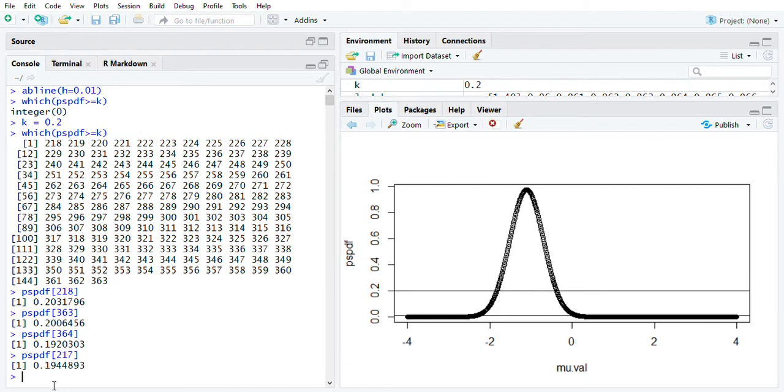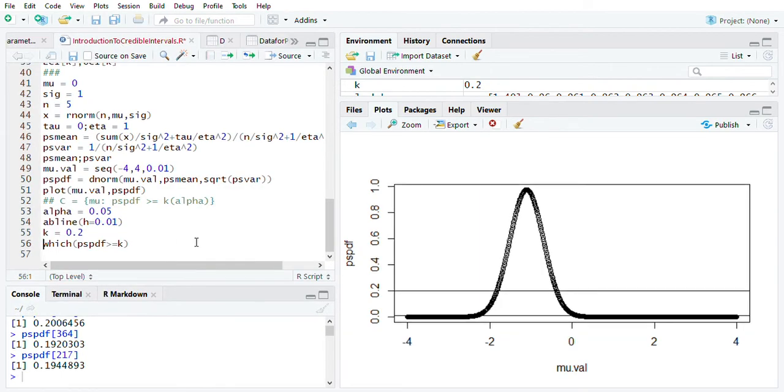See here, means I have got the set C if I look at the corresponding values in the vector on the x-axis. So which vector do we have on the x-axis? We have mu dot val. So let us consider the values in the vector mu dot val.